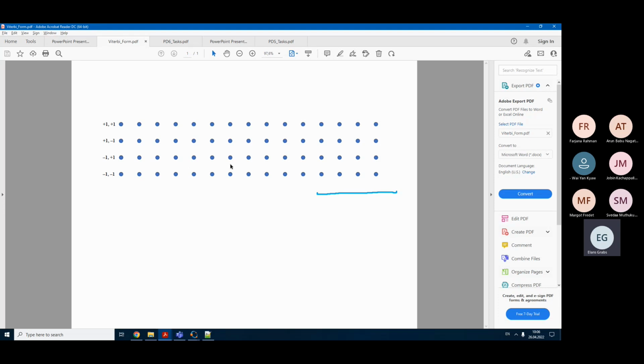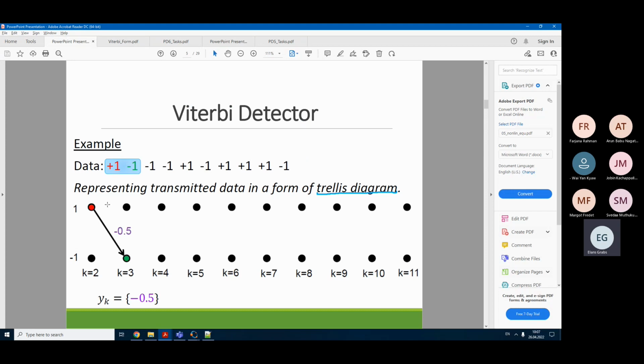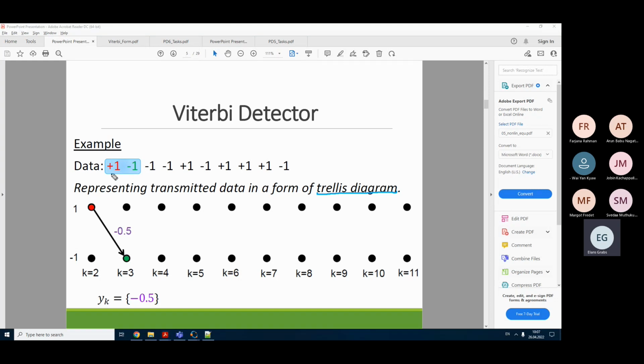Here in the practical part, you will see that we'll have more states. In this example, we only have two possible states because only one previous symbol matters, and it can be either +1 or -1. Here you can see that with red color, we have denoted the previous state. We are starting with the second time interval. Here, red is the previous state, green is the new state.